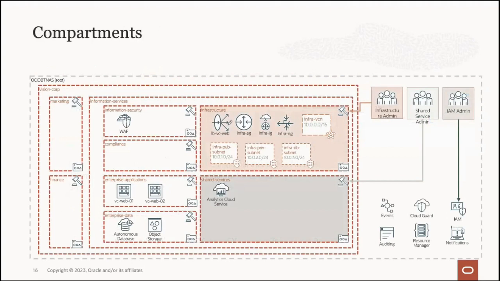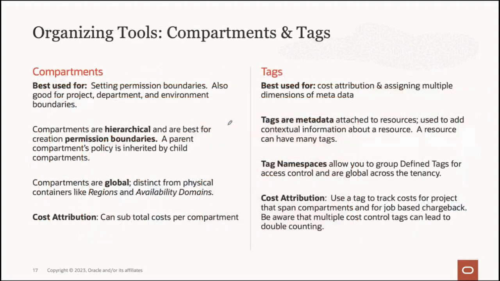So when we look at tagging and diving a little bit deeper into compartments, we can have tagging at the tenancy level and tagging enforced at the compartment level inside of the account. So some of the key pieces here for organizing. These are organizational tools that we want to look at, which is compartments. As it says, best used for setting permission boundaries.